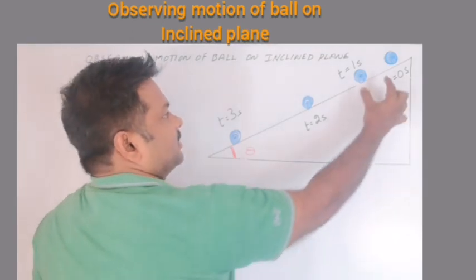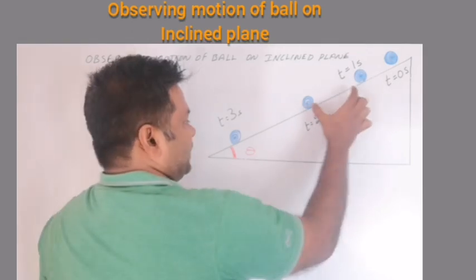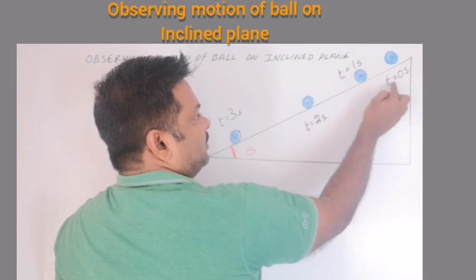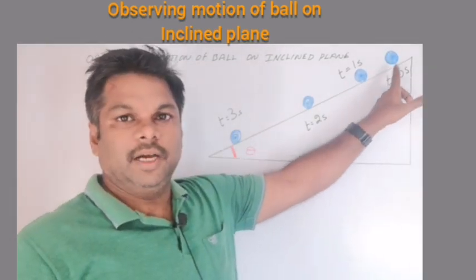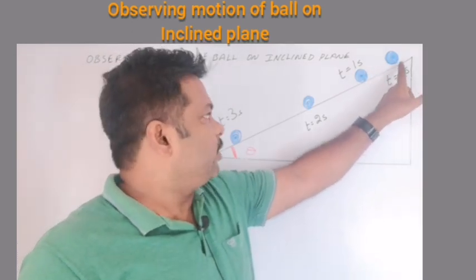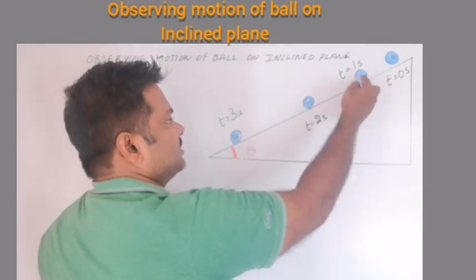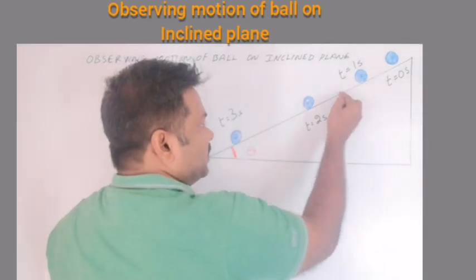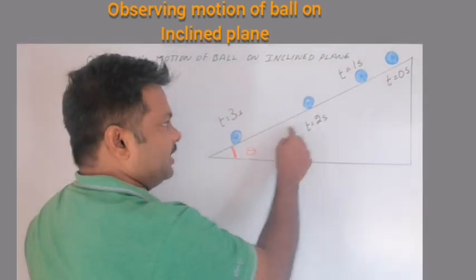Observe this. Here, the distance between these two is very little when compared with this and with this. What is the distance between these two? In 1 second, very little. In the span of 1 second, the body covers a small distance. Observe the second case: in the span of the same 1 second, it covers a somewhat greater distance.